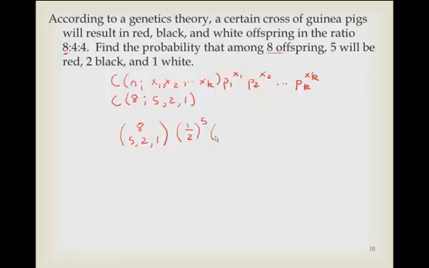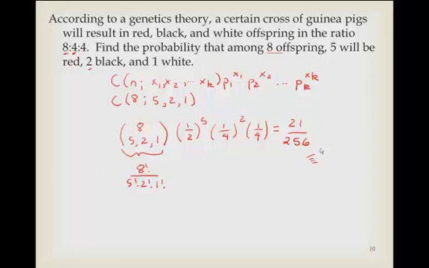Then it's 1/4, raised to the 2nd power, because there are 2 little puppies. Lastly, it will again be 1/4, raised to the 1 power, so we won't bother writing it. This combinatorial is just 8 factorial over 5 factorial, 2 factorial, 1 factorial. When you calculate the whole thing out, it becomes 21 over 256. Voila.